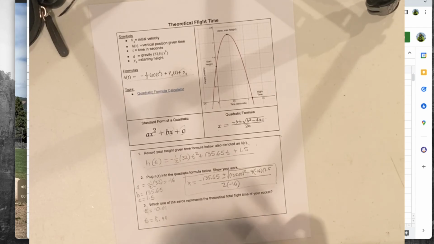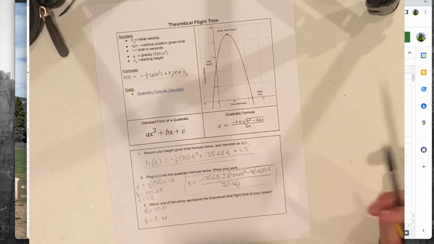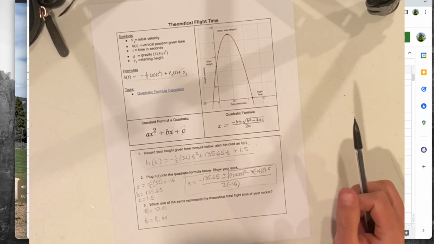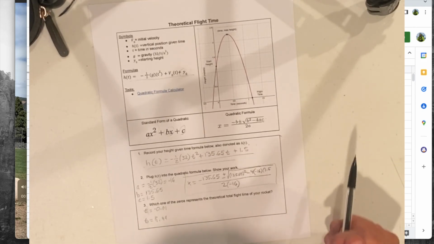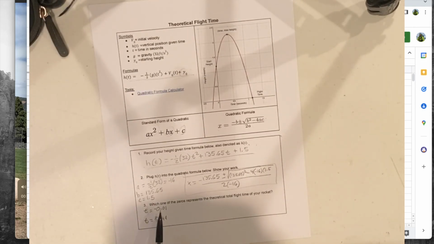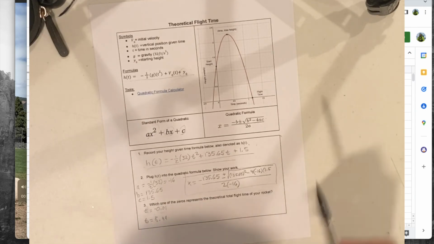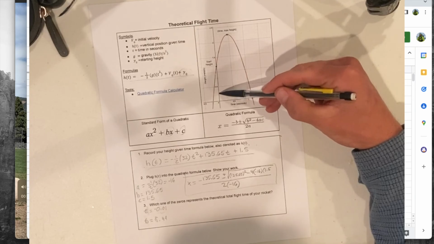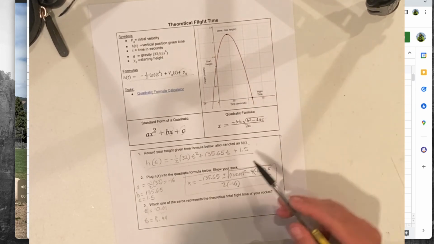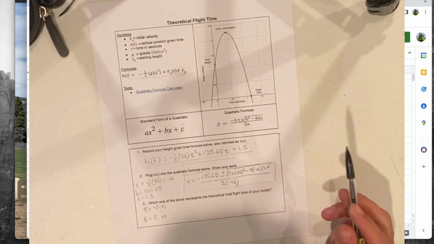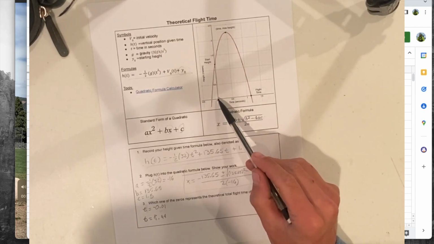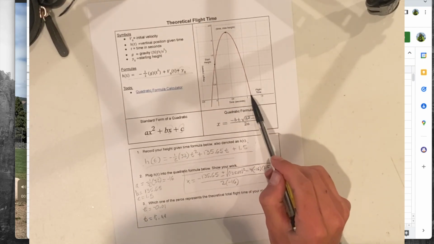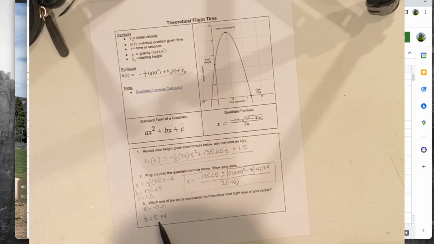We can't really have negative time. So we're going to exclude that, because our time starts at t equals 0, not t equals negative 0.01. So our start is actually right where it crosses the y-axis, which we know is 1.5 feet. And so our flight time is from 0 to that other 0, which is 8.49.